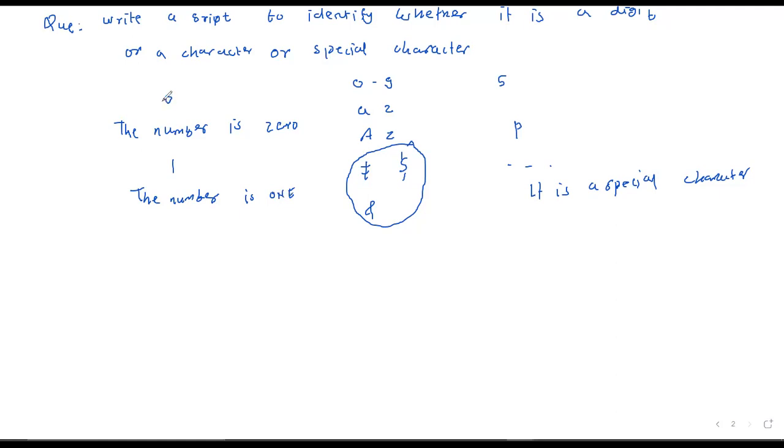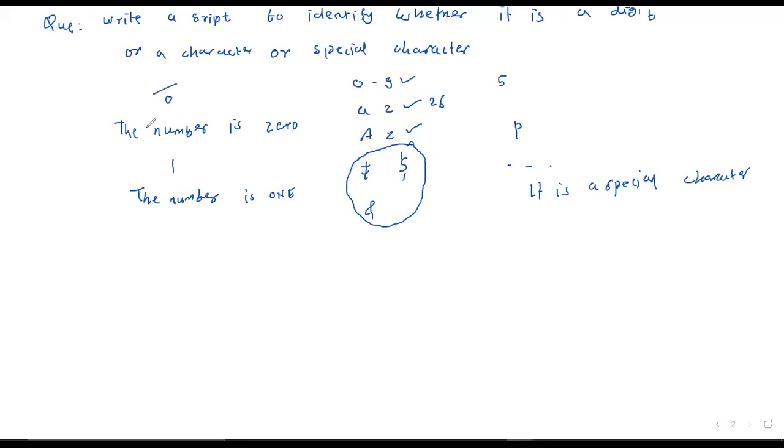And this we did nine times. Now there are 10 digits, 26 small characters, 26 capital characters, and so many special characters, so it is very difficult.